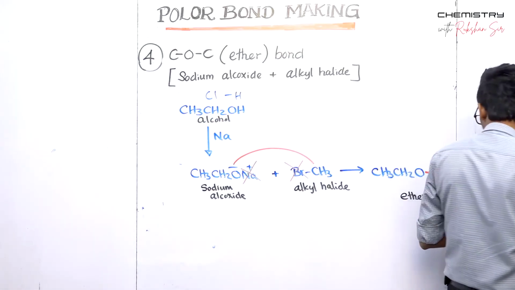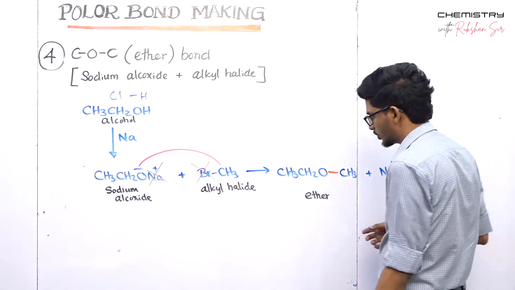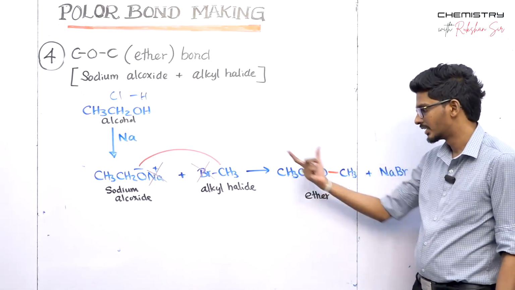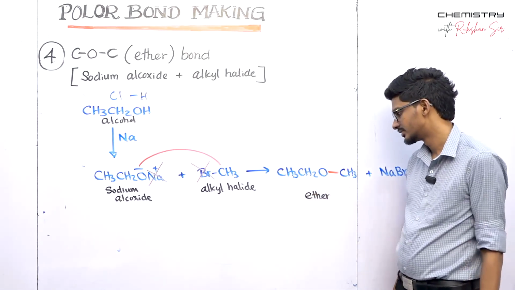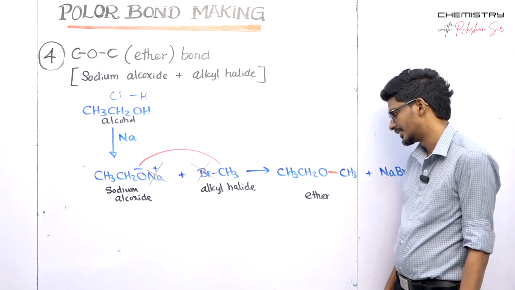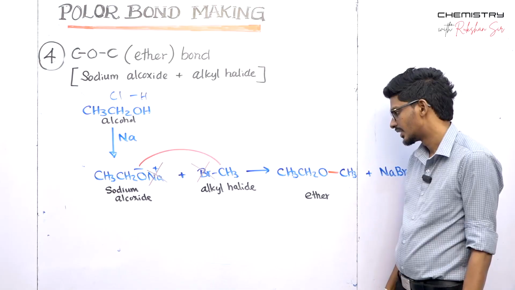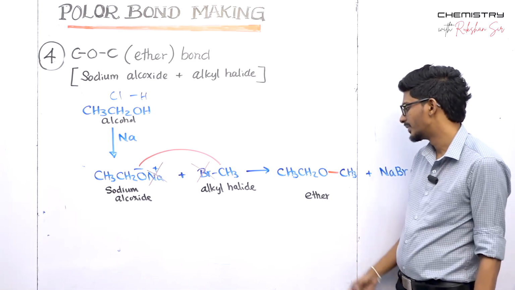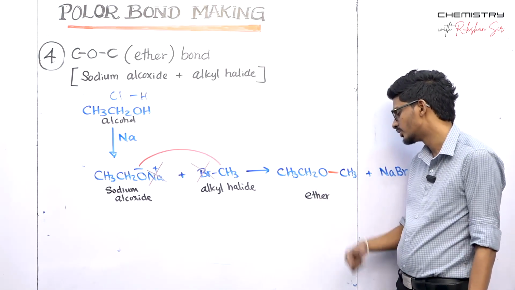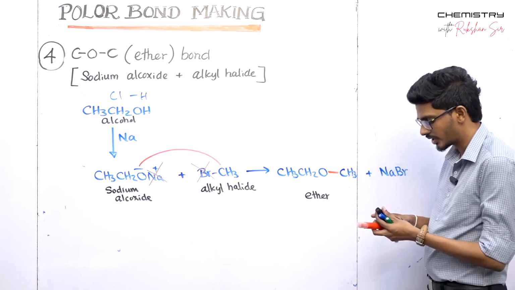Let's examine how you are supposed to come up with the starting compounds by seeing this one. That's what we have been doing throughout this session, right? We should be able to come up with the starting compounds by just seeing the ether. How to read that thing?